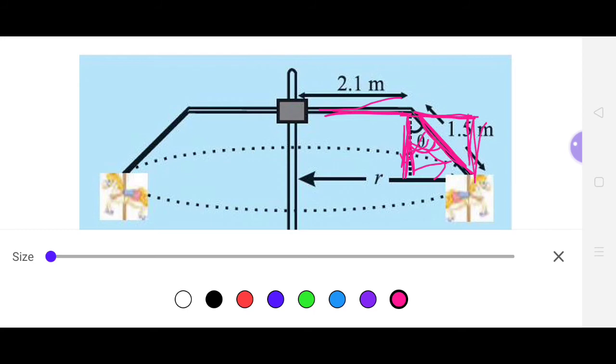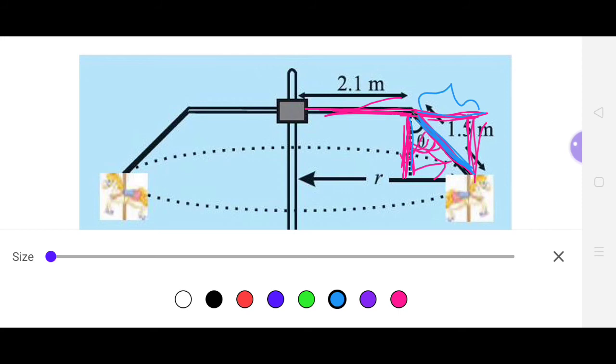So this total up to this is the total radius of the circle. Now here you see, this portion will be the horizontal component of the second rod. We can resolve this rod into two components: this is the vertical component and this is the horizontal component.